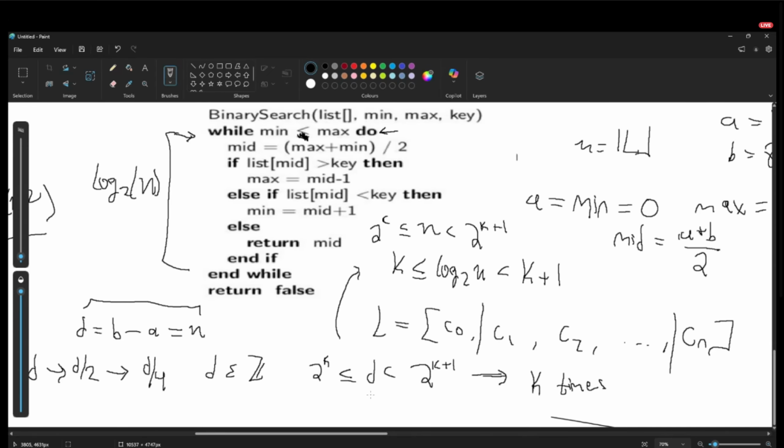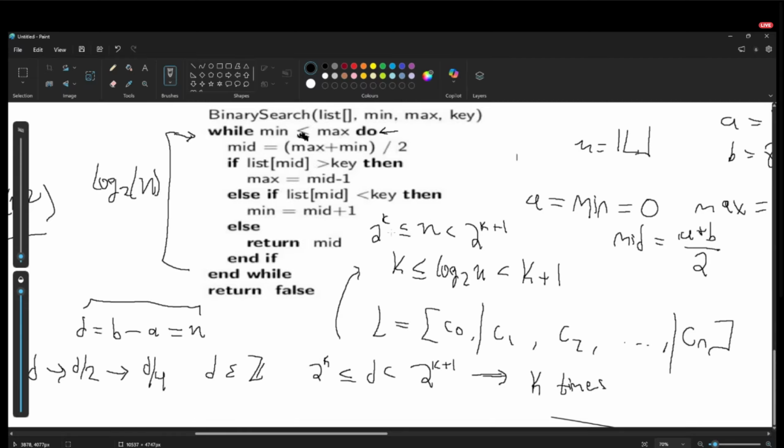The loop termination happens when d ends up becoming either negative or 0. And if we write d as being in between consecutive powers of 2, then we could see that d, or in this case n, because it starts off at n, can really only be halved a maximum of k times.